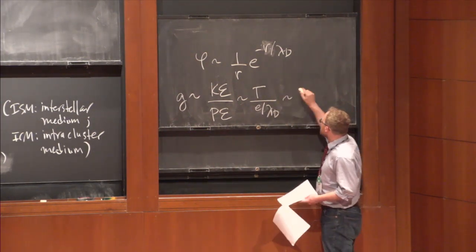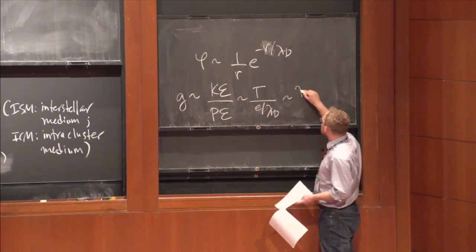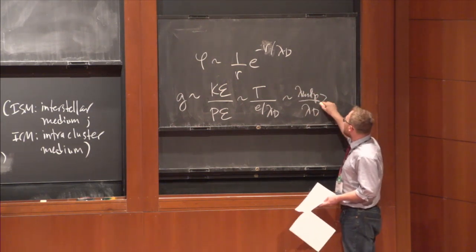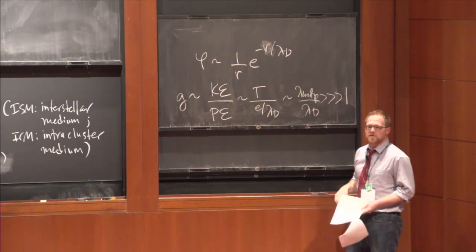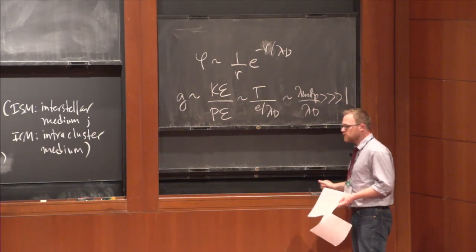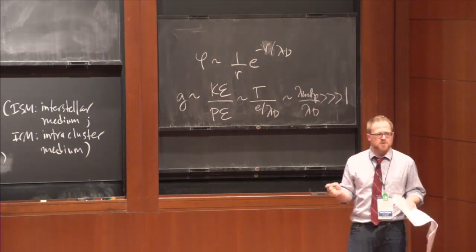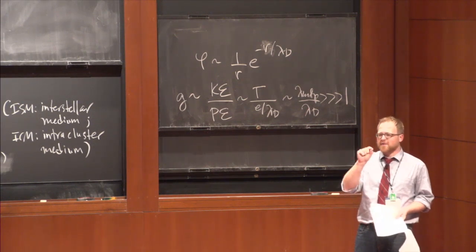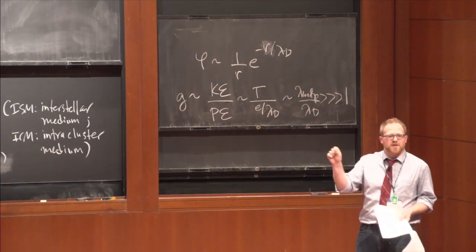You can also show that this is a statement about the ratio of the mean free path to the Debye length. And all the plasmas that we're interested in have this as a huge number. So if you have a collection of particles, you don't have to go counting pairwise interactions amongst 10 to the 28 particles.